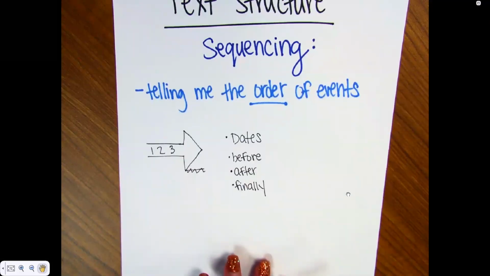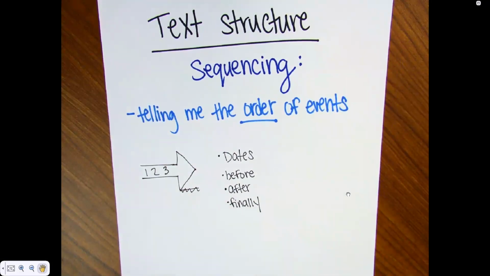So a good example would be if I were going to bake a cake. I have to follow a recipe to bake a cake. I have to get the eggs, the flour, the milk, I have to put it in the bowl, I have to mix it, then I have to put it in the pan, then I have to put it in the oven. If I do any of those steps out of order, I'm not going to get cake.